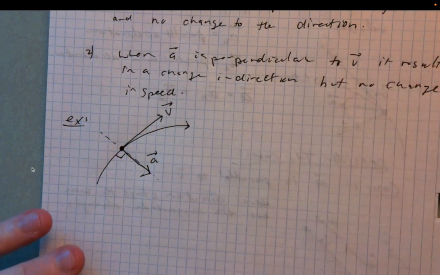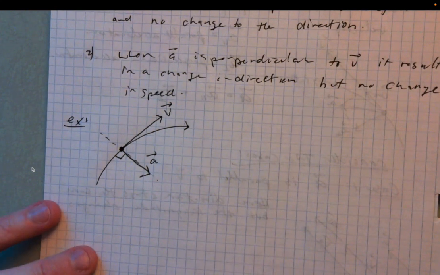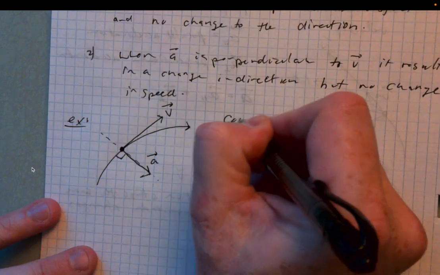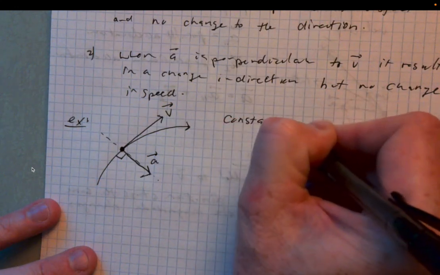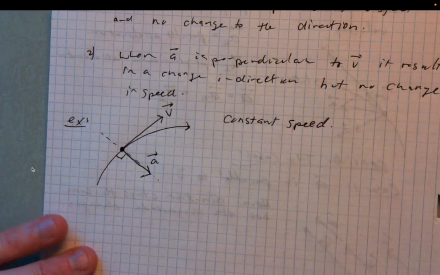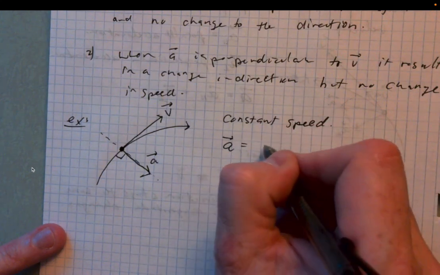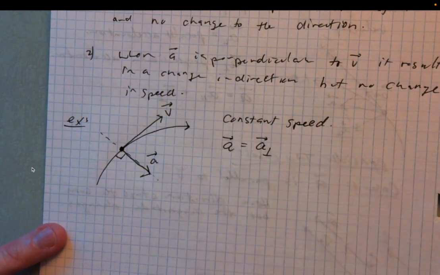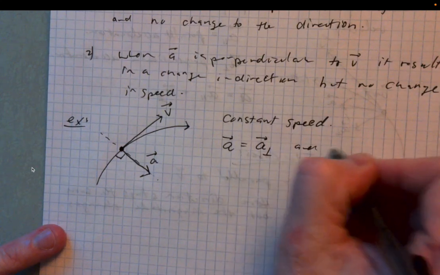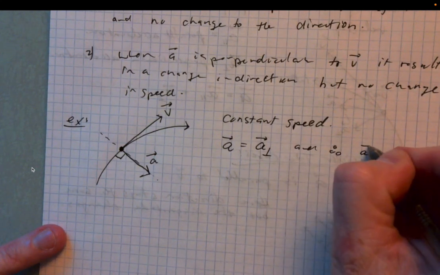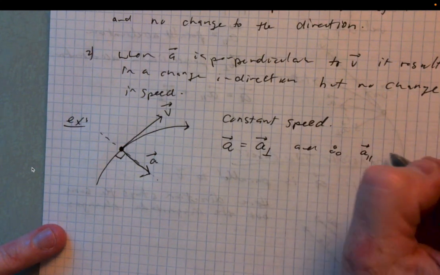In this case, the velocity, the speed, the magnitude of the velocity is constant. So this is constant speed, right? So here we would say that the acceleration is equal to the perpendicular acceleration. And therefore, I guess we would be implying that the parallel acceleration is equal to 0.